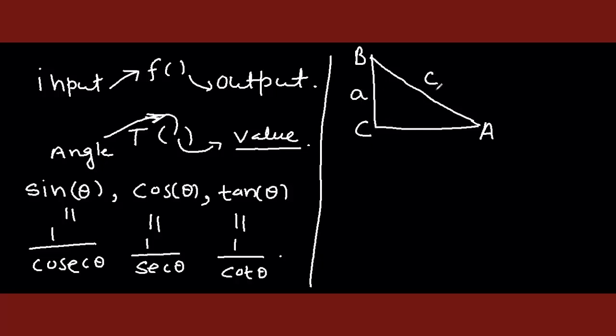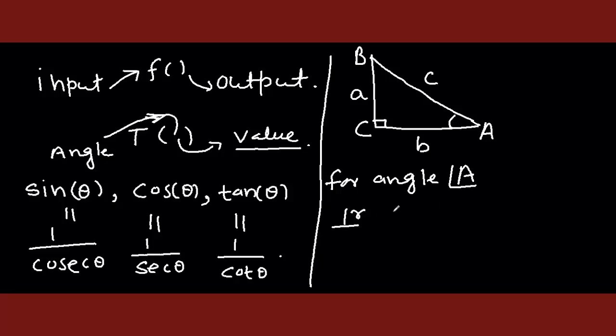This side is A, this is the hypotenuse C, and this is B. Now we have 3 sides: AB, BC, and CA. Suppose we are taking angle A. What is the perpendicular?